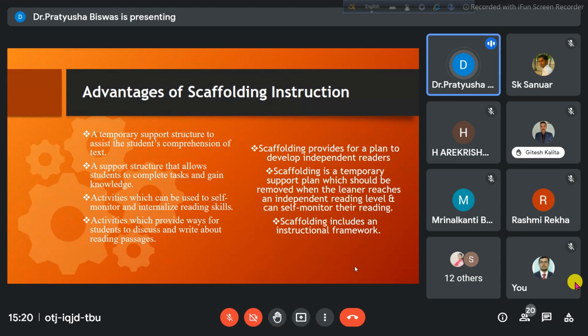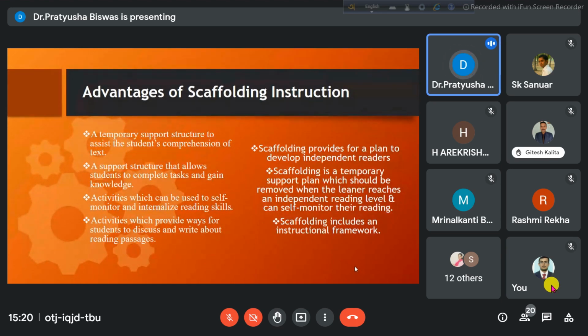Understanding and bridging the gaps between achieved and achievable, that is something where you need to very judiciously use scaffolding instruction. And please remember that scaffolding takes time. So this is one of the disadvantages of scaffolding.